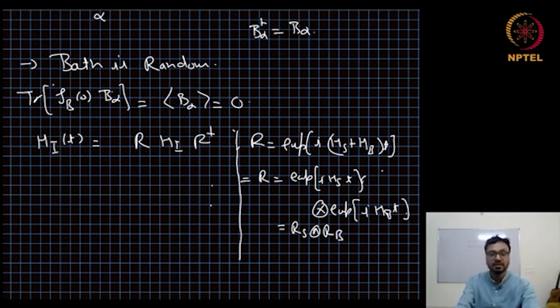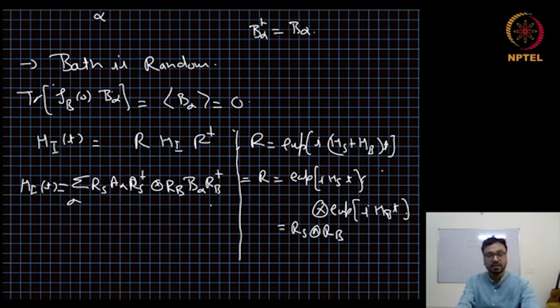So from here we can calculate H_I(t) as sum over α of R_S A_α R_S dagger tensor R_B B_α R_B dagger, where R_S and R_B are the exponential of iH_S t and exponential of iH_B t respectively for the system and the bath.